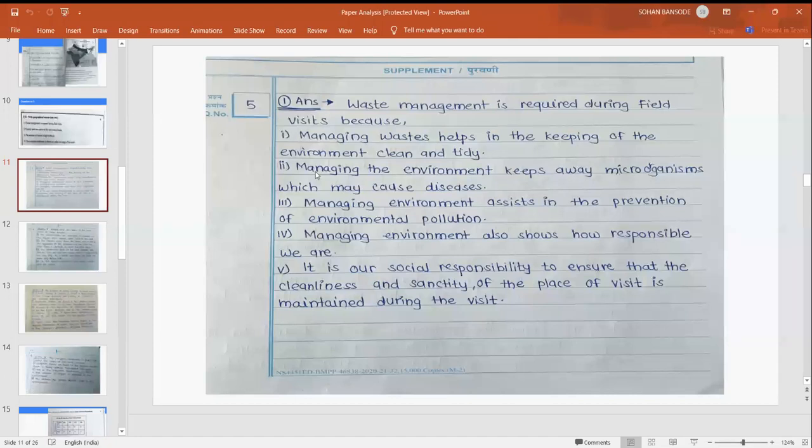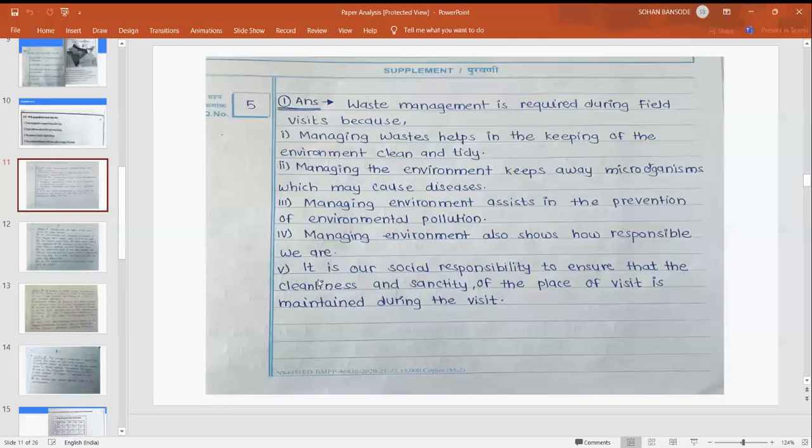First point is, managing waste helps in keeping the environment clean and tidy. Next point is, managing the environment keeps away microorganisms which may cause diseases. Third one is, managing the environment assists in the prevention of environmental pollution. Fourth one is, managing the environment also shows how responsible we are.